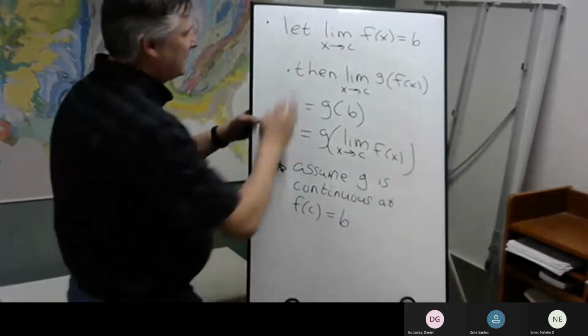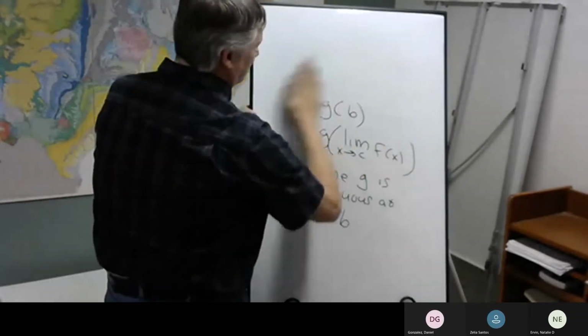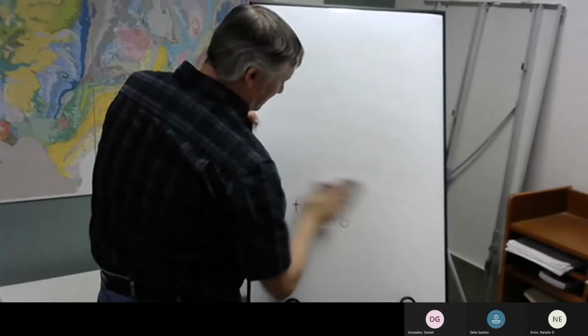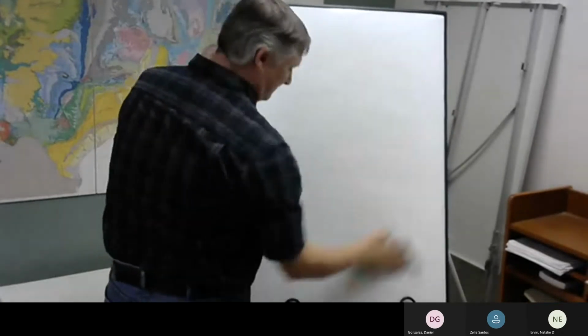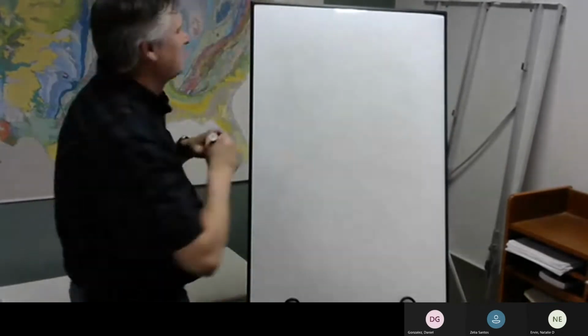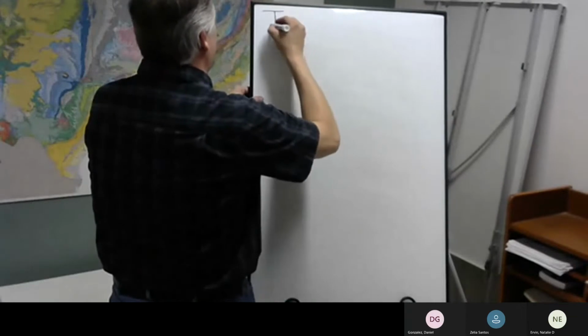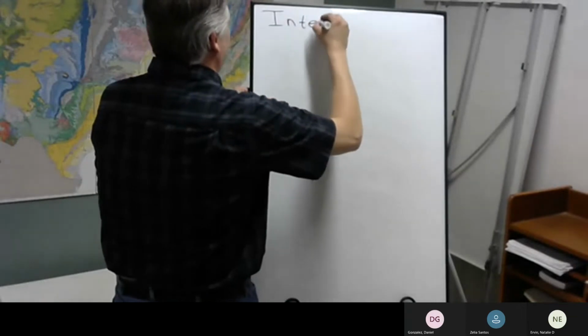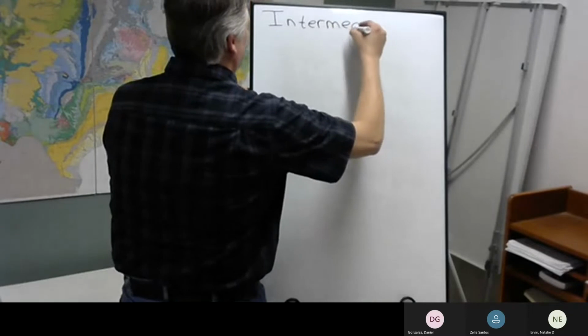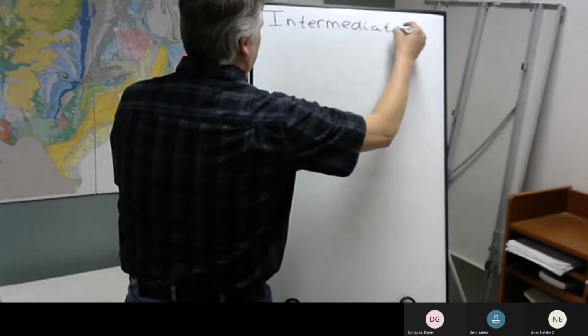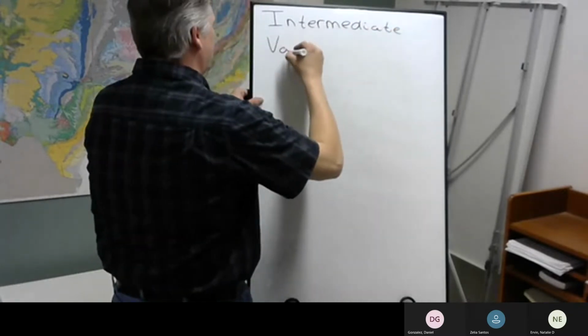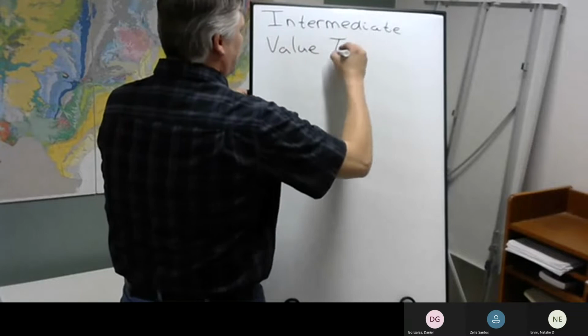So something that's going to come up, and this is something that they use a lot, is the intermediate value theorem.